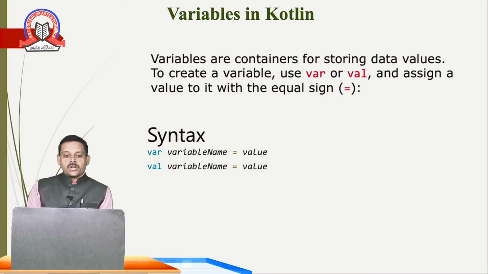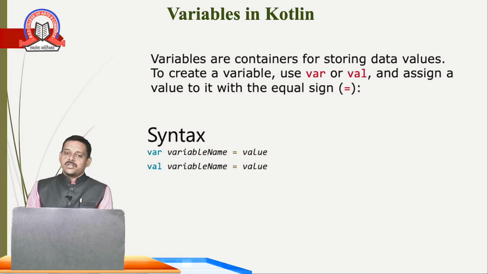So variables are nothing but the containers which store the data or values, that we already know. But in Kotlin we can use var or val. These are the two keywords through which we can create variables, and we can assign the value to the variable by using an assignment operator, that is nothing but an equal to.